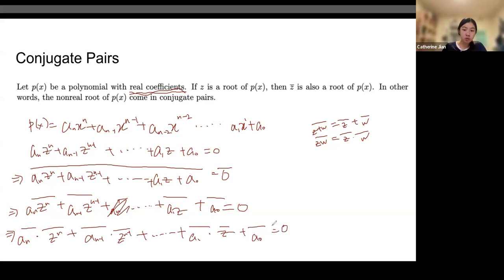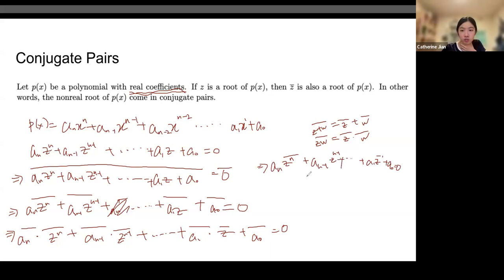And now we can use the fact that the conjugate of a real number is just itself. And so we can simplify this even more by removing the conjugates from the real parts, is equal to 0.